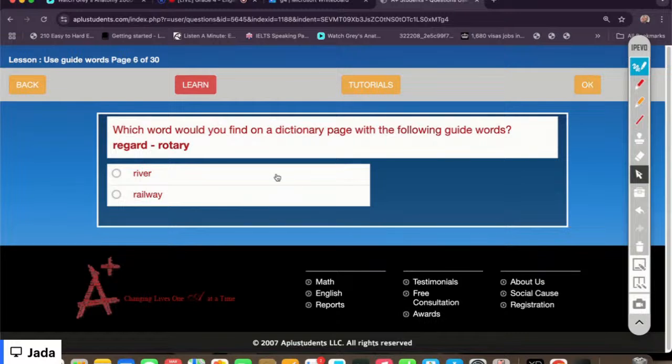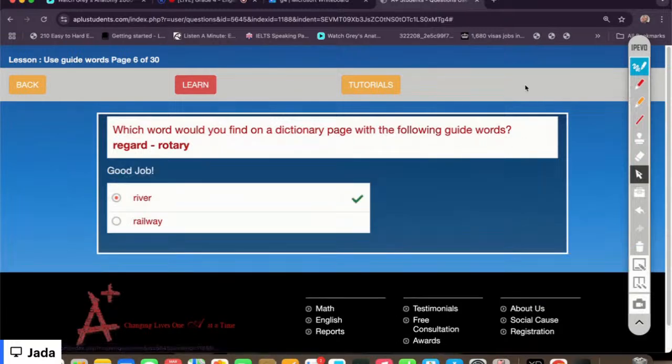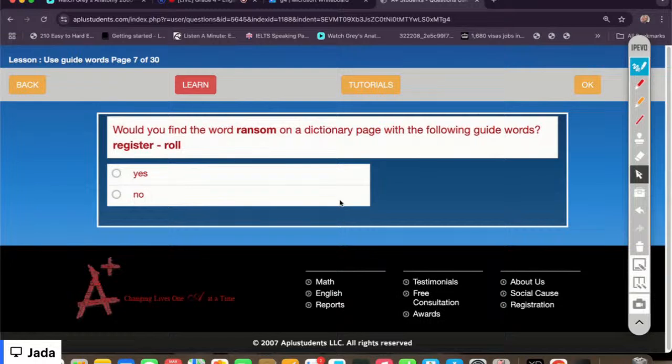So we can definitely find river because all the first letters are the same. But for railway, we have RA, and A comes before the first one, which is RE. We already have A in front. So from the E here up until the O, we can find I. So river will be the word that we find in between the guide words.